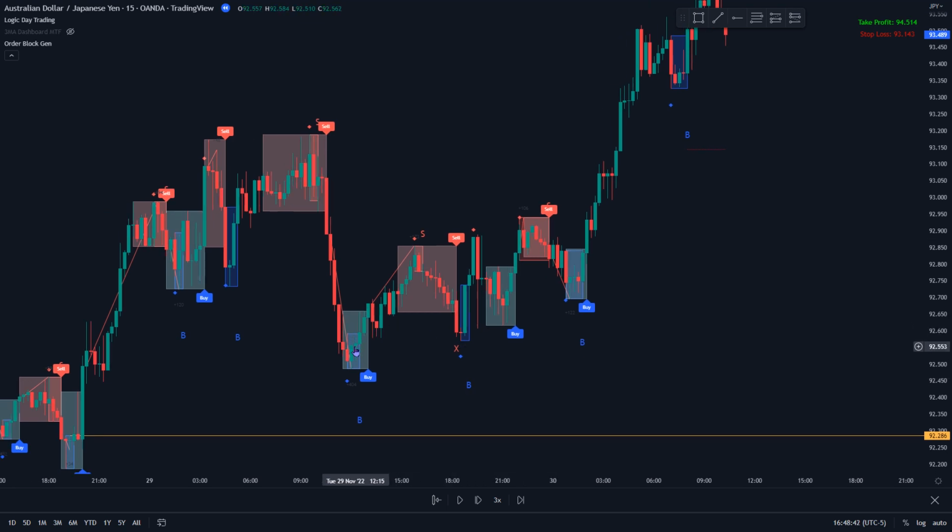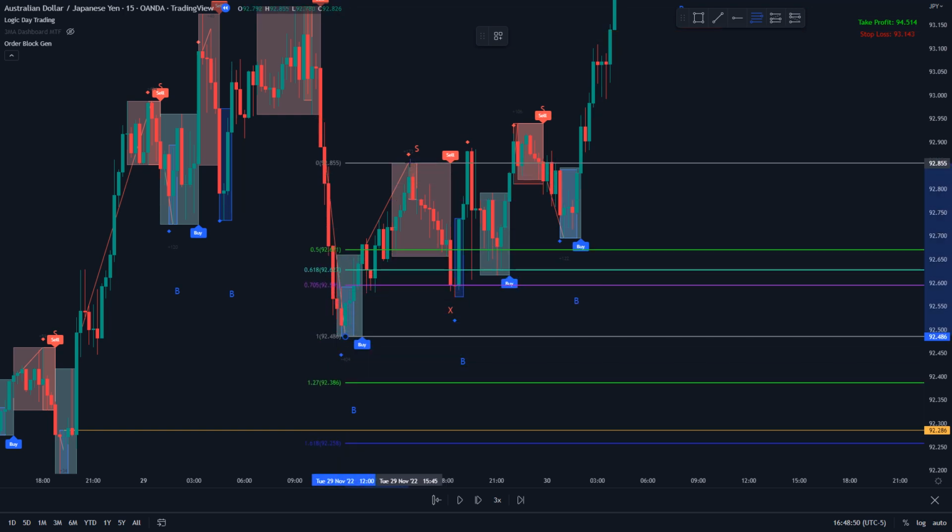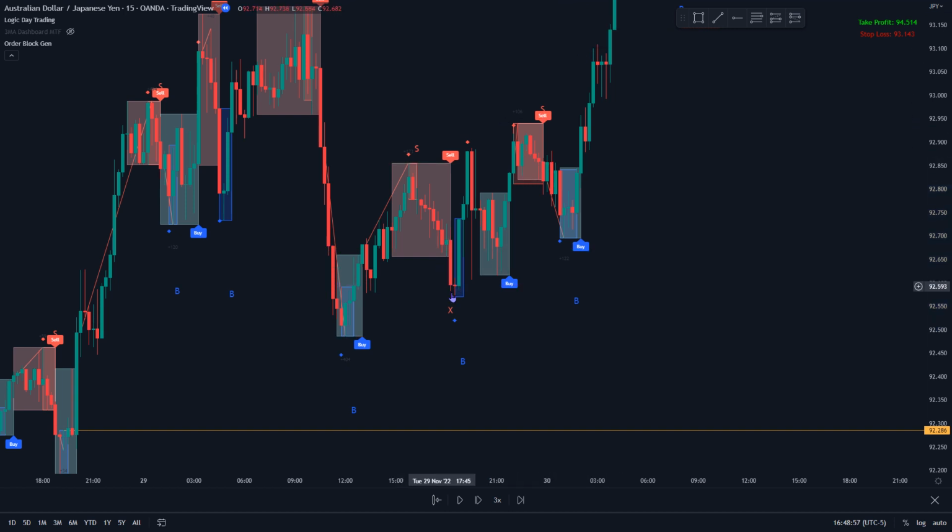We see here a move up. I believe we do see a retracement. Yep, right to the 70.5 level. So we've got some fib level overlapping with this order block.